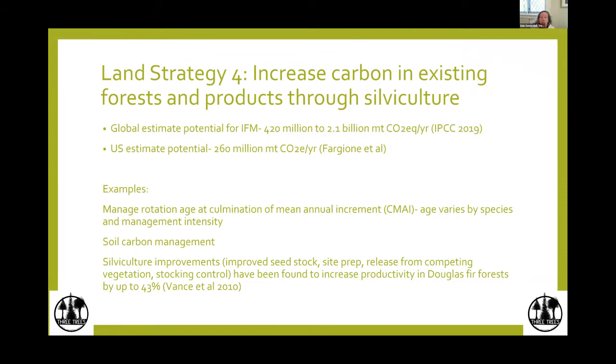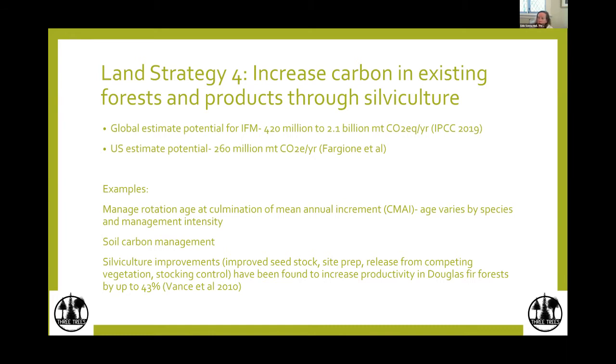Okay, land strategy 4. You can also increase carbon in existing forests. And when I say forests, I also include the product system. So this is what's known as improved forest management, and there's a lot of potential worldwide. There's also a lot of potential in the US. Now, some examples include managing your rotation age at the culmination of mean annual increment.